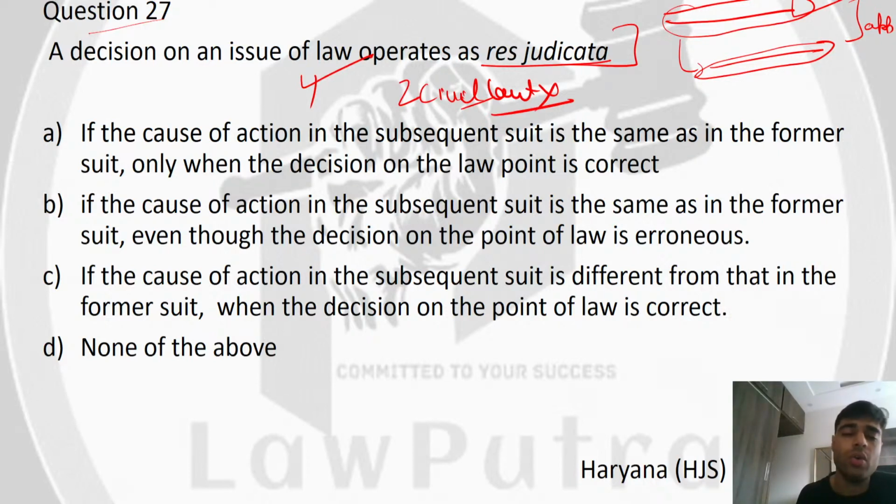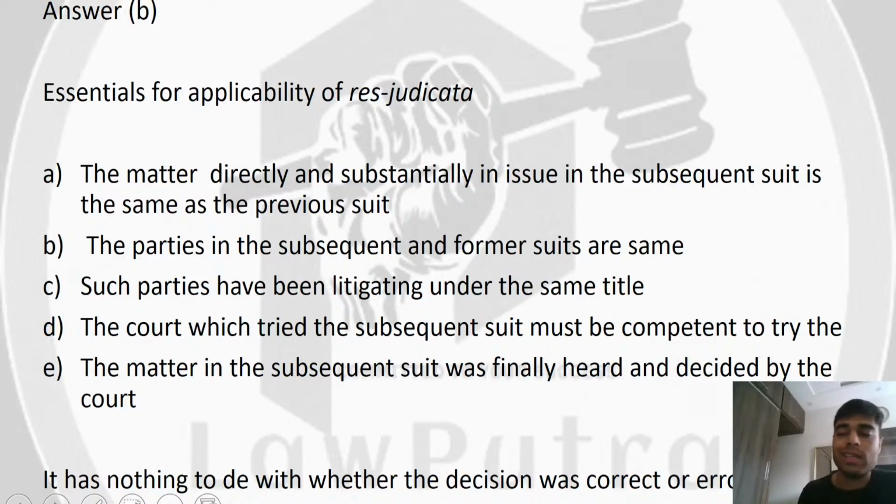Now see, we all know res judicata means if the cause of action in the subsequent suit is the same as in the former suit. ठीक है ना? तो इसमें confusion खाली इन्हीं में ही आ रही है. Only when the decision of law is correct, only when the decision of law is erroneous, only when the decision of law point is correct. So basically, it does not matter if the law point is correct or not.